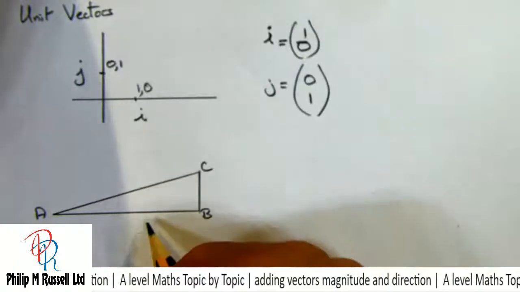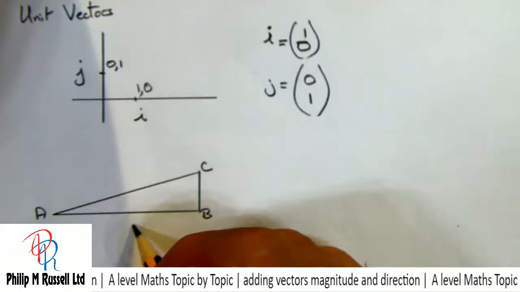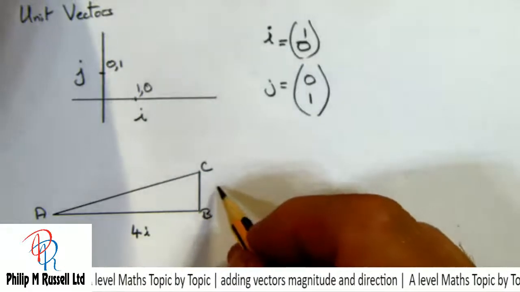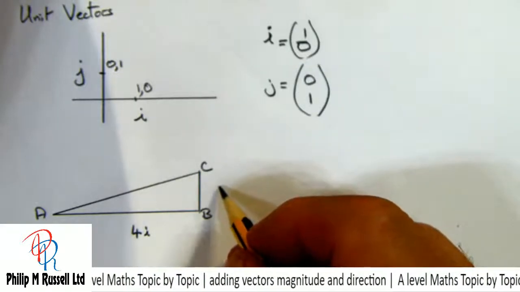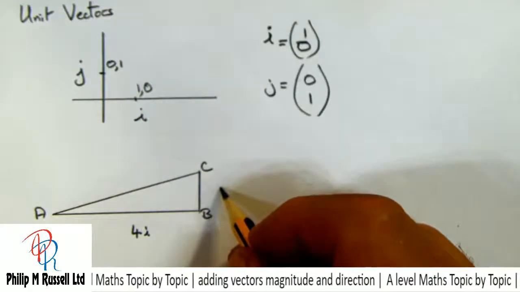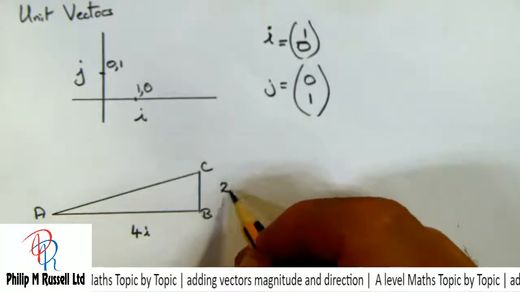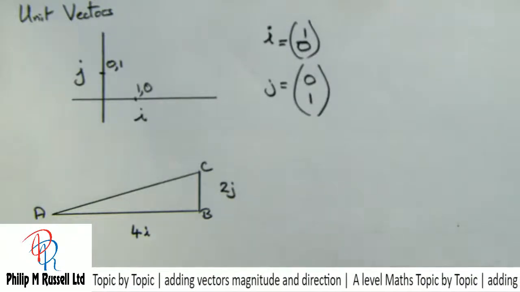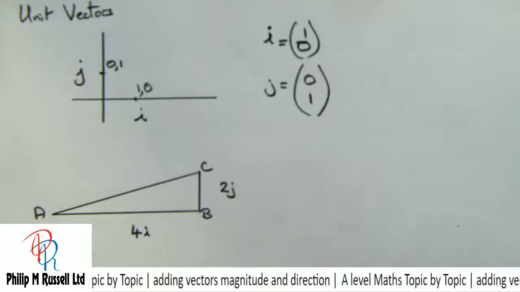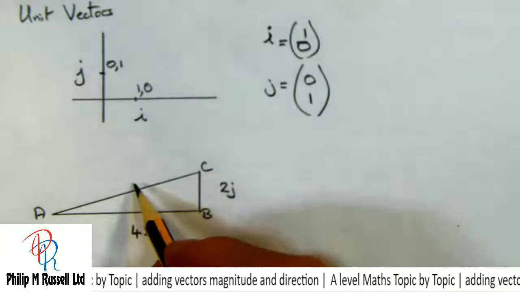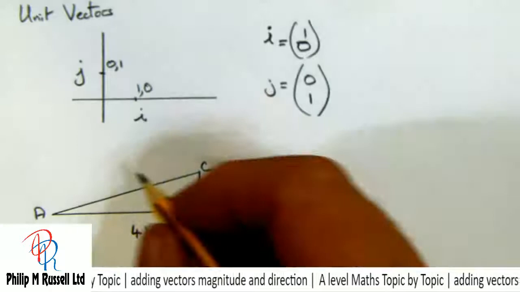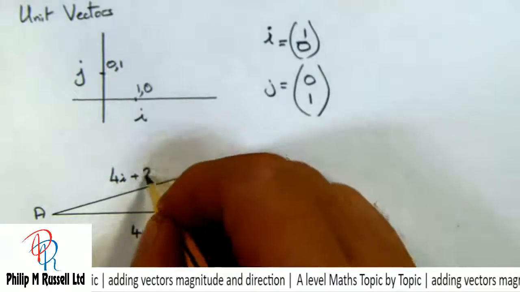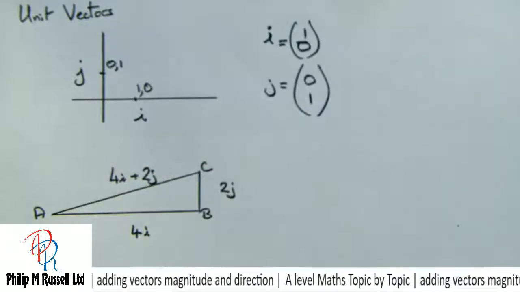This is going to be about 4i, and this is going to be, well, let's call it 2j. My diagrams don't represent being drawn accurately. So this vector here is going to be 4i plus 2j.